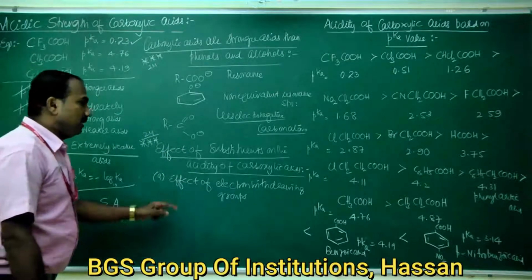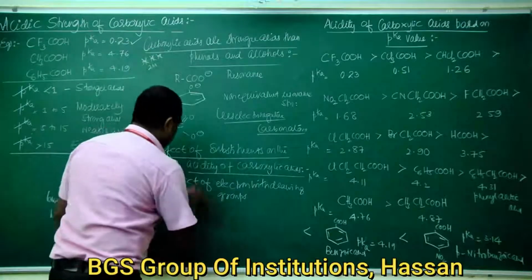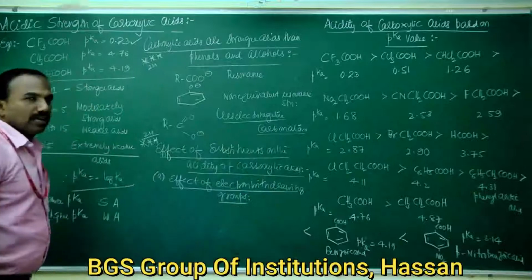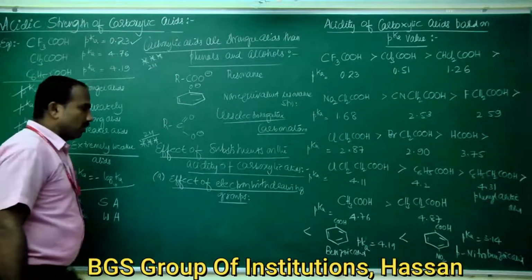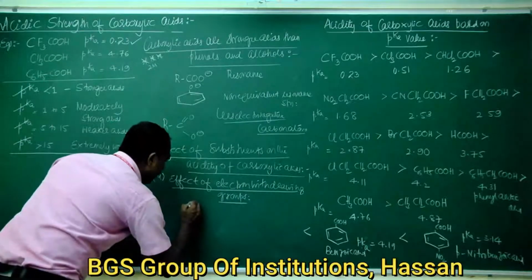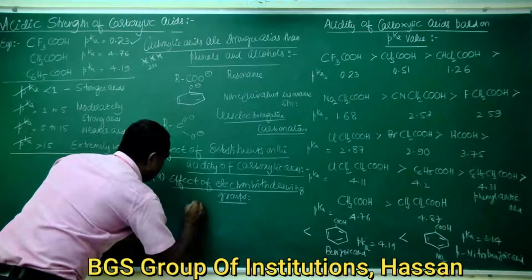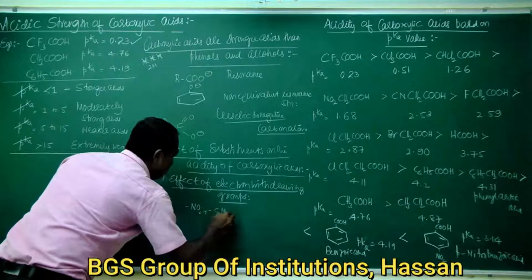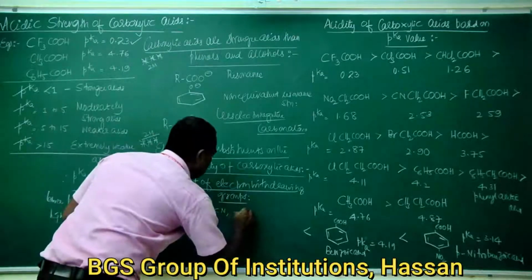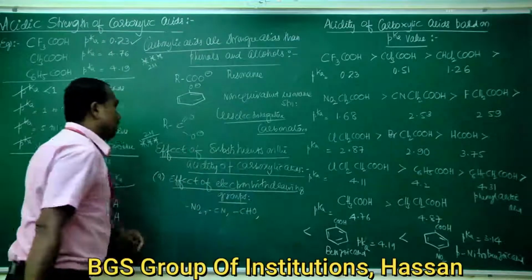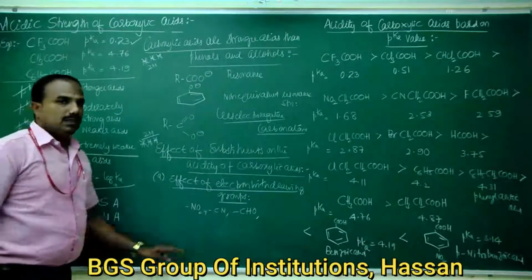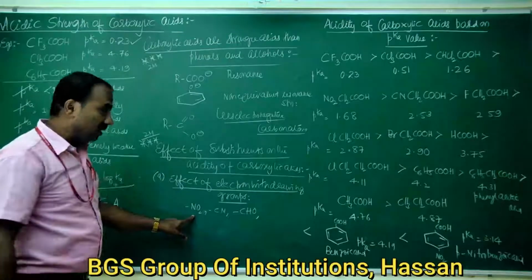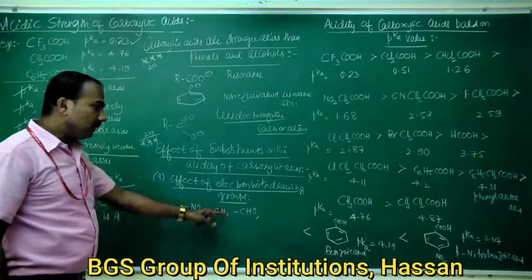Electron withdrawing groups such as nitro, cyano, aldehyde, etc.